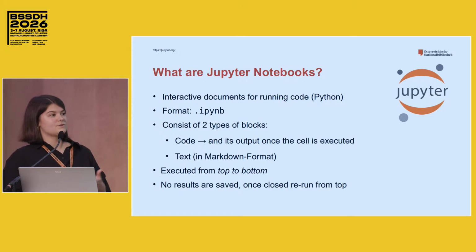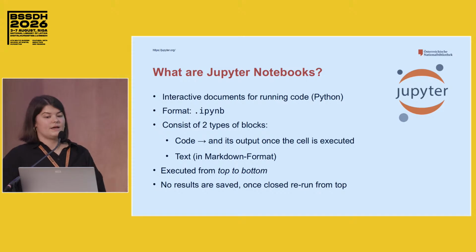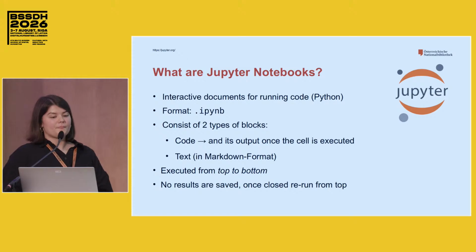But the good thing is you can put as much text as you want in between, and it simply looks a little bit like a Word document. So you can really document what you are doing, and also other people can document it. So you can follow, for example, instructions, even though you wouldn't know how to program it. So it's really good to have this low barrier.